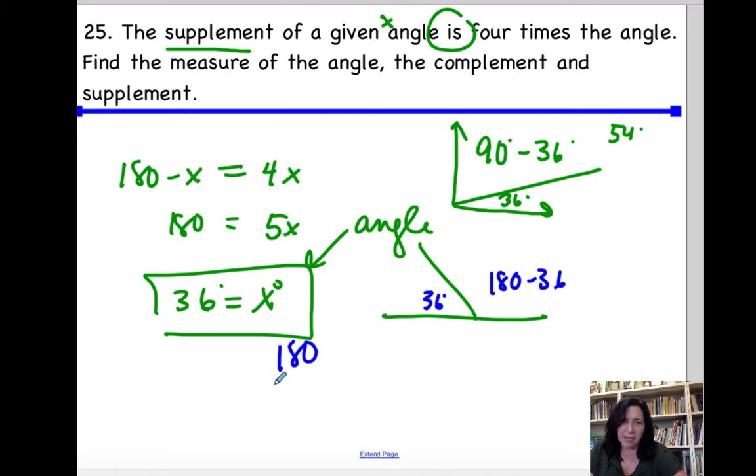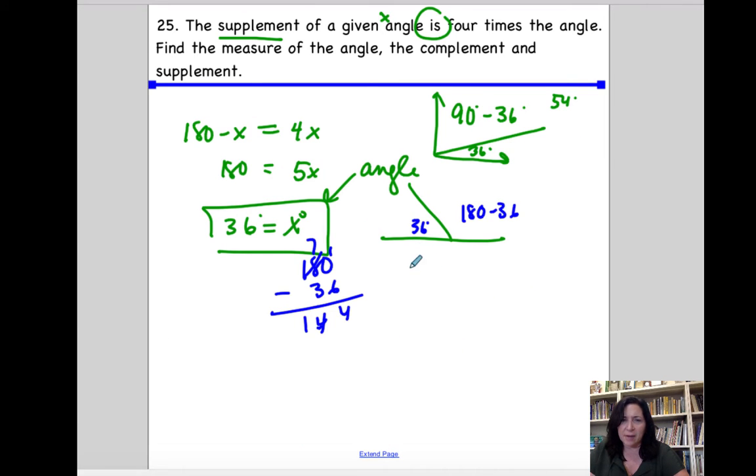So take 180, subtract 36 degrees. That's 144. So when you're taking a test, you're going to write this. You're going to say my angle is equal to 36 degrees. My complement is equal to 54 degrees.